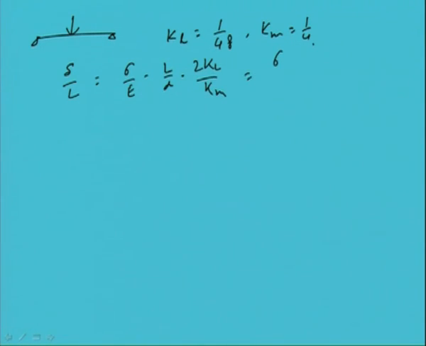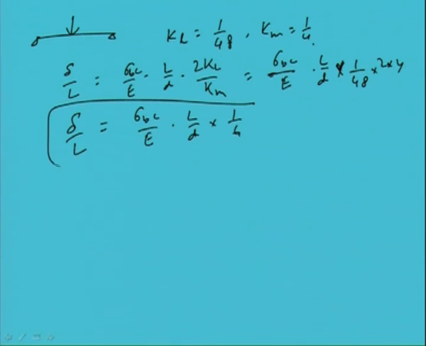If we put the value, this is sigma BC by E into L by D into 1 by 48 and 2 into 4. So, this is finally becoming sigma BC by E into L by D into 1 by 6. So, delta by L can be found out for different cases, and we can get some expression.